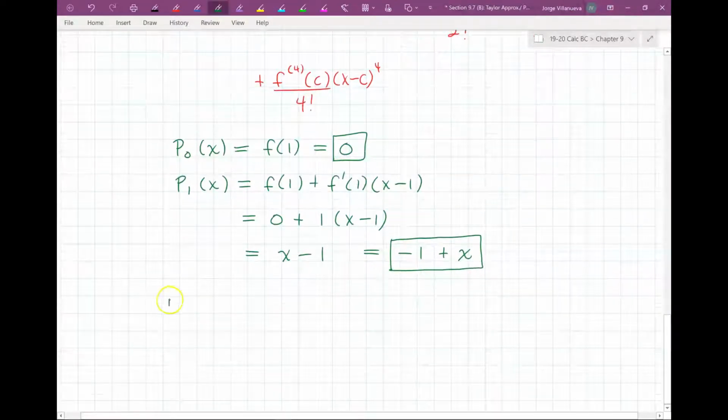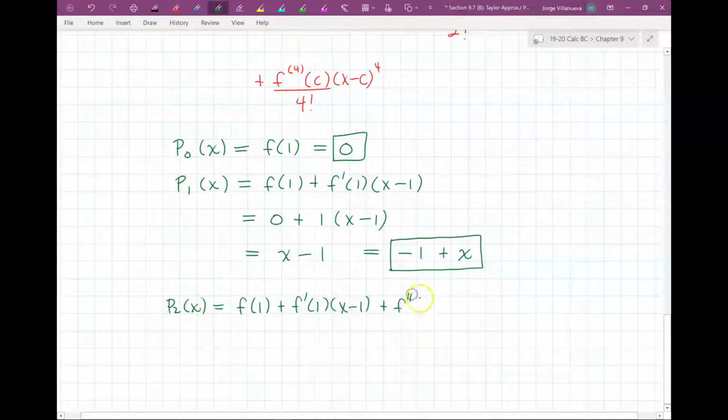Now, p sub 2 of x. They want f of 1 plus f prime of 1 times x minus 1, plus f double prime of 1 times x minus 1 over 2 factorial. So I just got to get my numbers. So we know f of 1 was 0. We know f prime of 1 times x minus 1 was, I'm just going to write here, x minus 1.